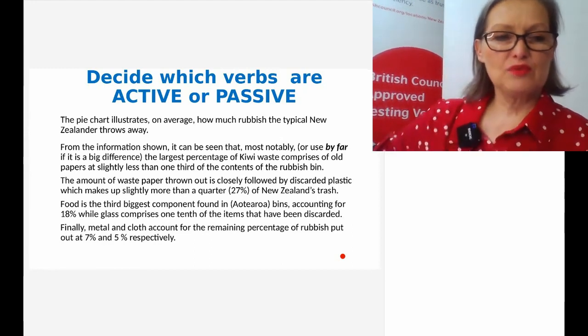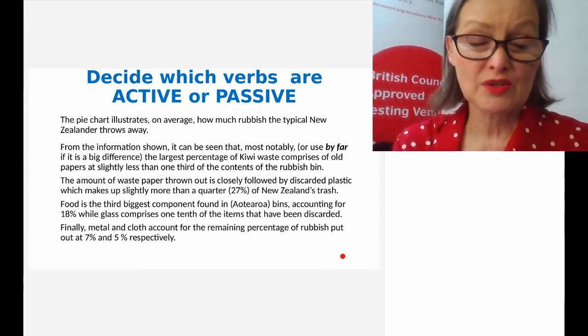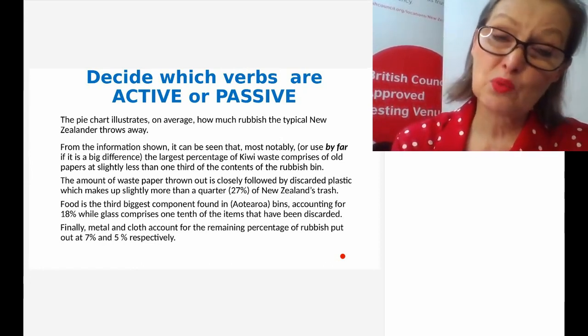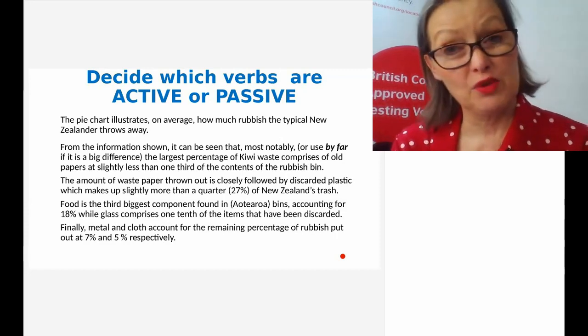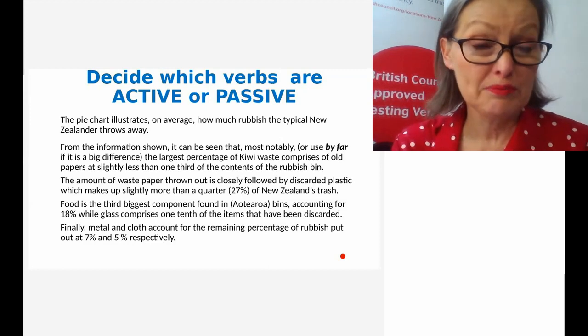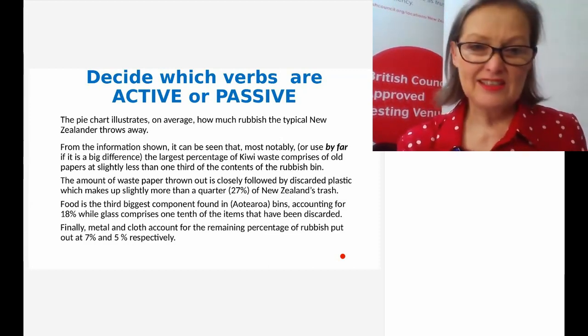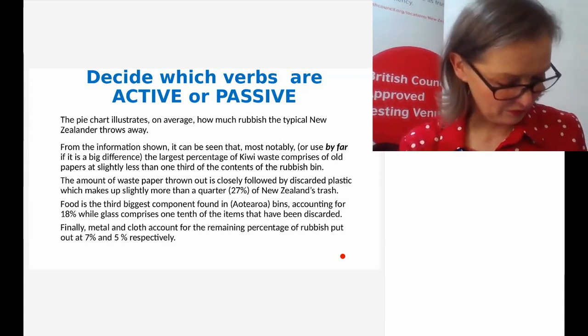So once again, just read through it. And if you've got two different color pens or highlighters, you could highlight your active verbs in one color and your passive verbs in another color, or simply circle them with a pen, a red pen or a blue pen if you can. And once again, I'll give you 2 minutes to just read through that and select your verbs.